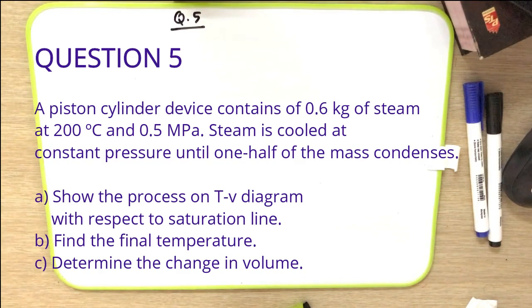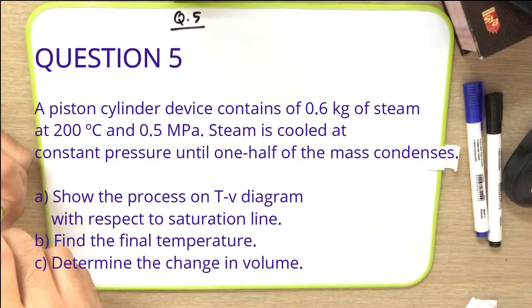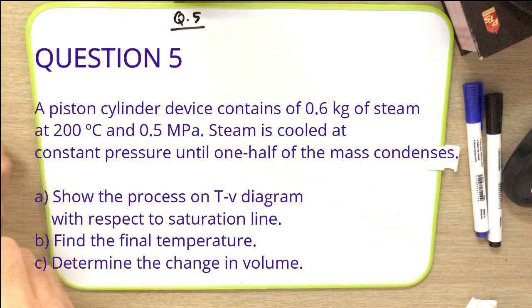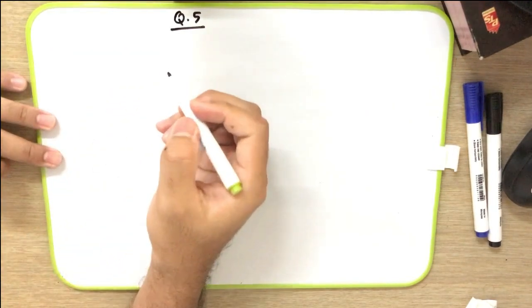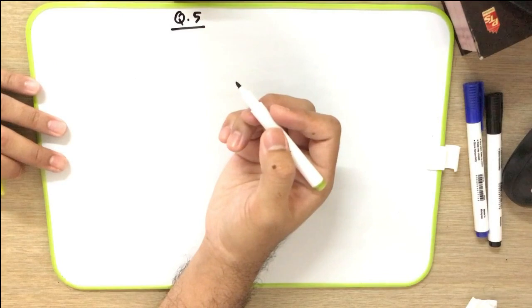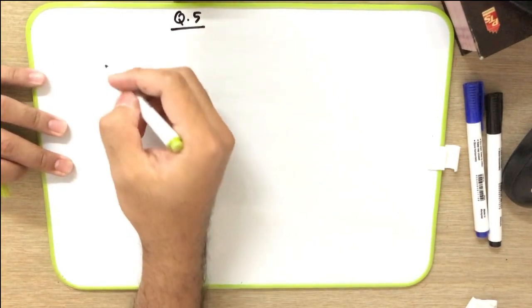So we have a piston cylinder containing 0.6 kg of steam at 200 degrees C and 0.5 megapascal. It mentioned that steam is cooled and some of the mass is condensed. It says 1/2 of the mass condensed, which means 1/2 of the mass of the steam becomes liquid, right?